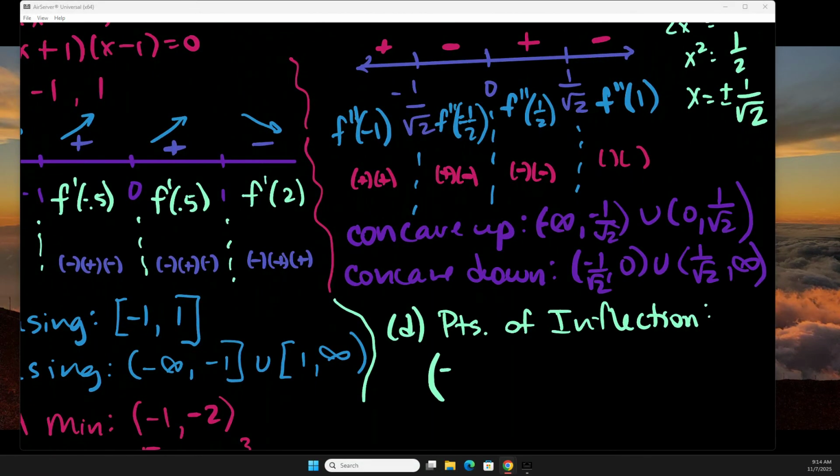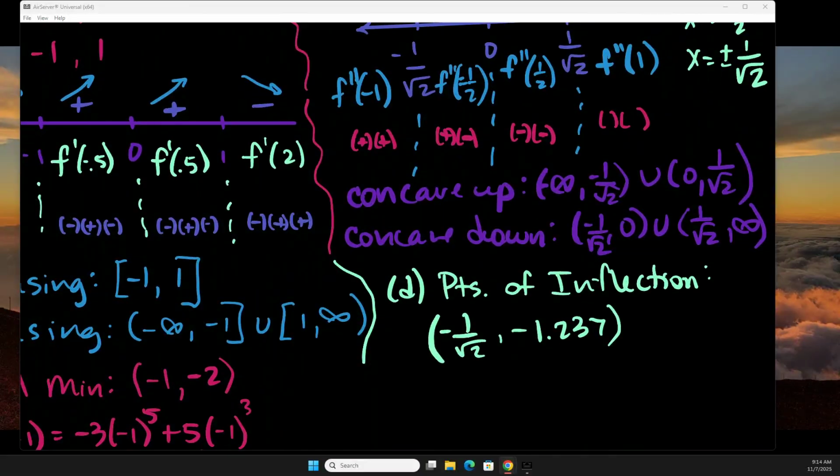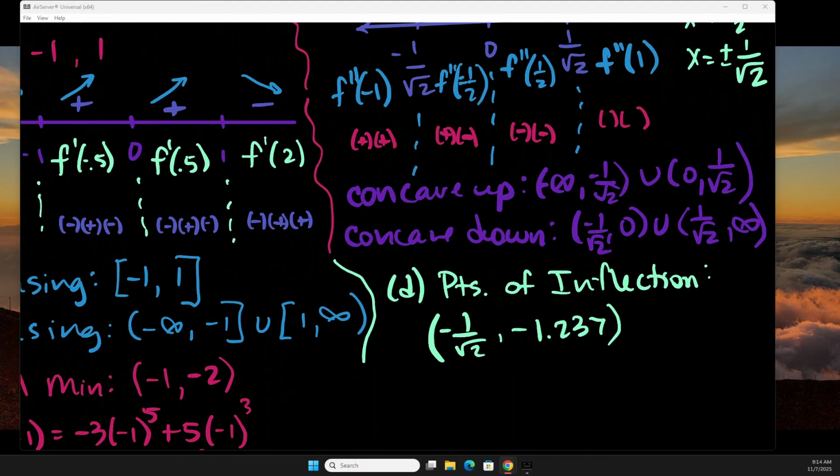So earlier I plugged in negative 1 over the square root of 2, and I got negative 1.237. And I plugged positive 1 over the square root of 2, and I got the positive version of that number.